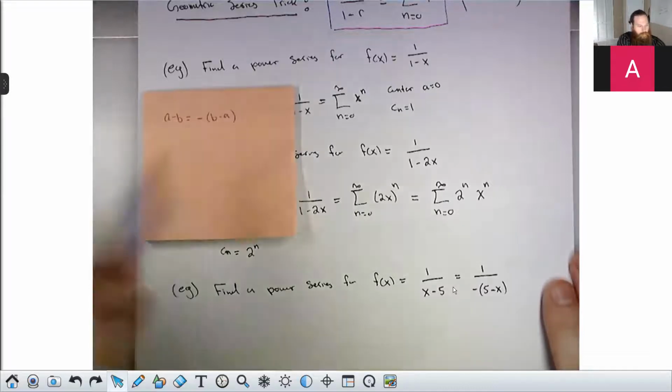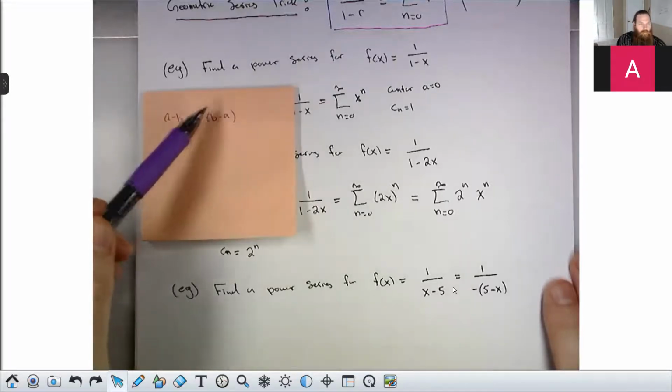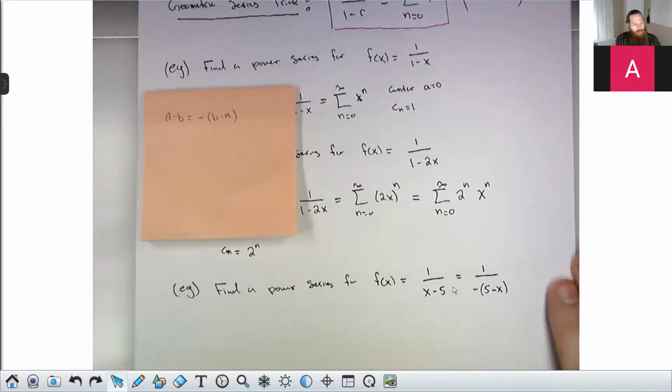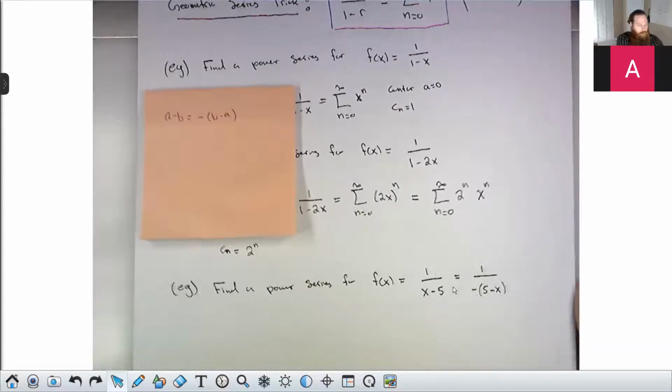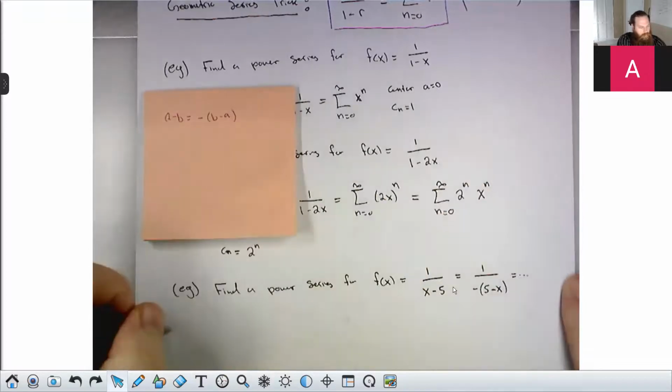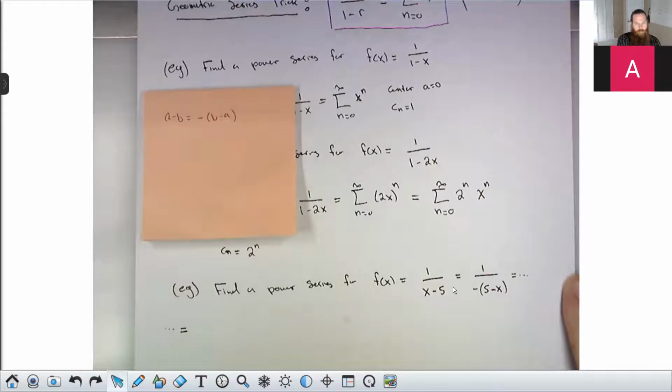Go ahead and distribute this negative. You'll see you get negative b plus a, which is the same as a minus b. And now my next move is going to be to bring out the negative.